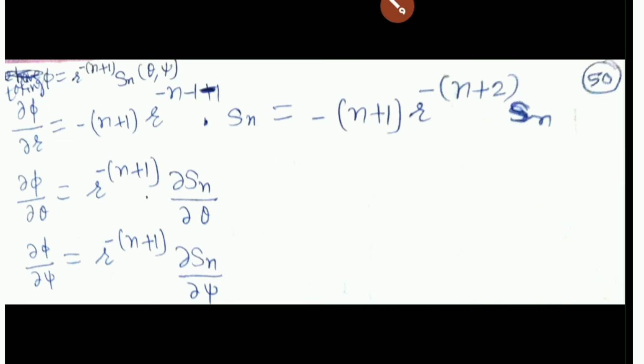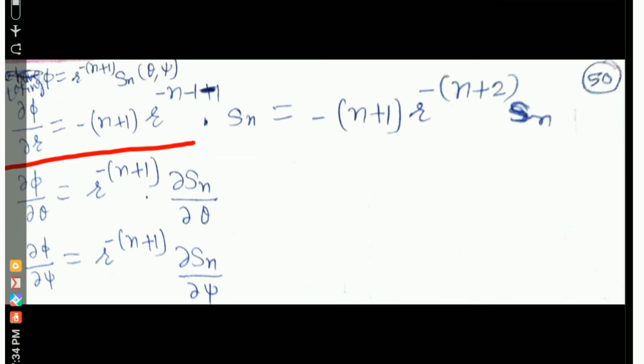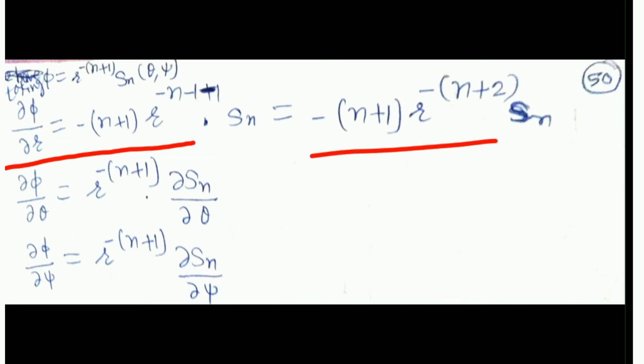So what do we get? Again we get dou phi by dou r is equal to minus (n plus 1) r to the power minus n minus 1 into Sn. And that can be written in this way: minus (n plus 1) r to the power minus (n plus 2) into Sn.